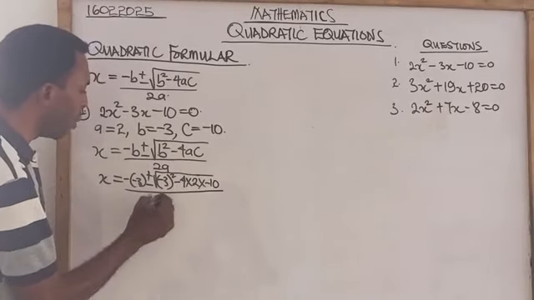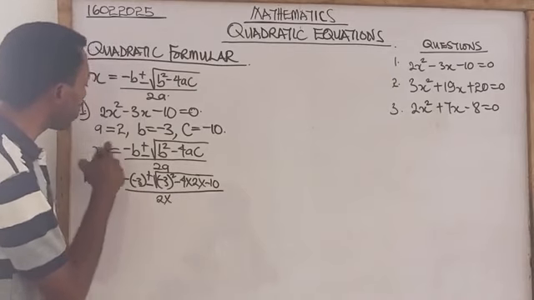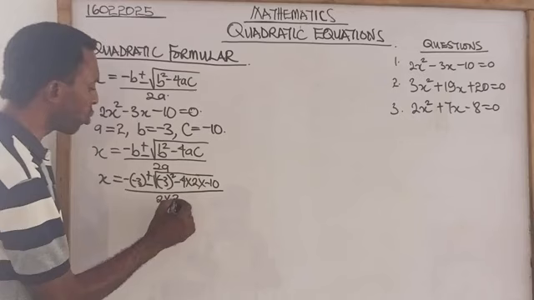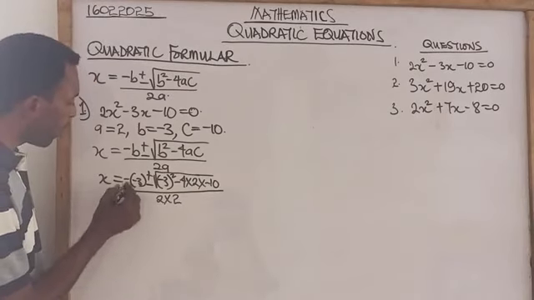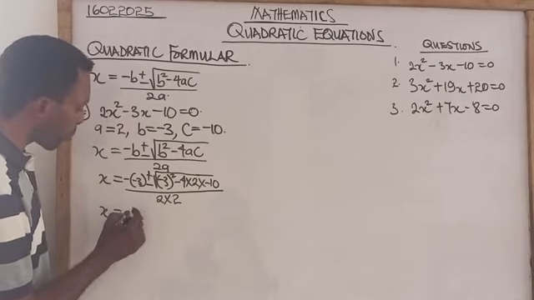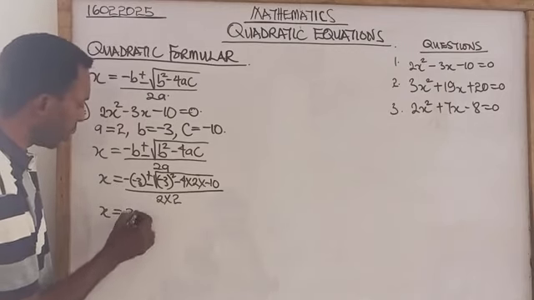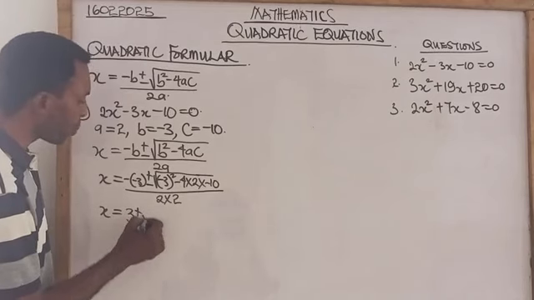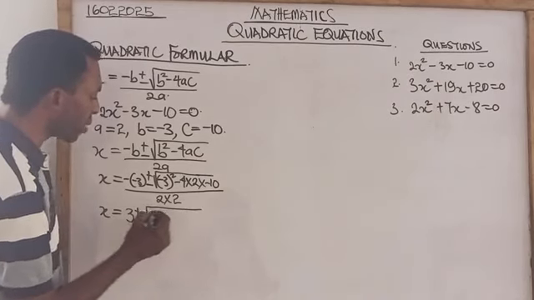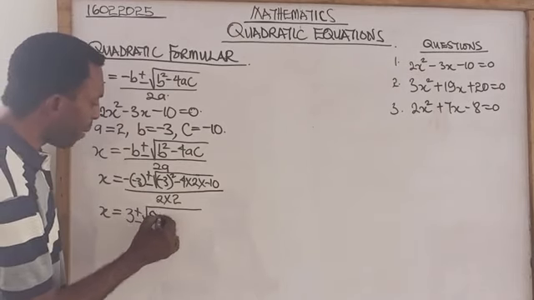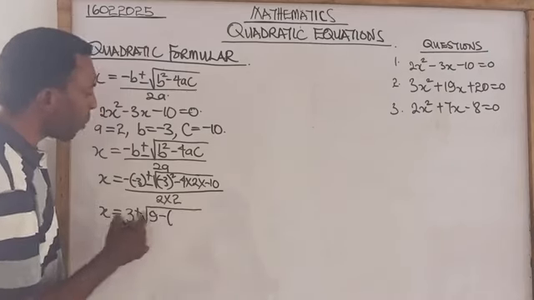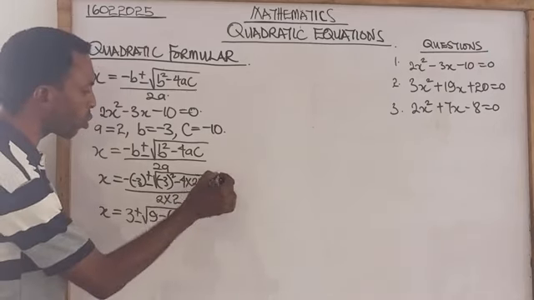Then everything over 2 times the value of a, which is 2. So x is equal to, minus times minus gives us plus, so we have 3, plus or minus. When you square minus 3, that will give you 9. Minus, and you put a bracket because there's a minus in what you want to multiply.